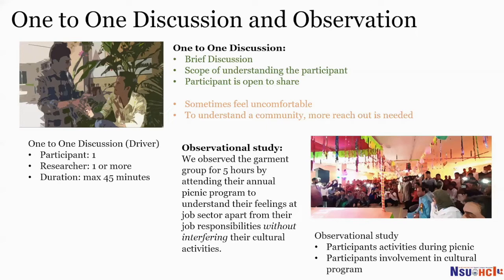Suppose I say I face a problem in my locality, it might not be true for another person. In focus group discussion, the answers can become biased by the community. That is why we focused on one-on-one discussion.